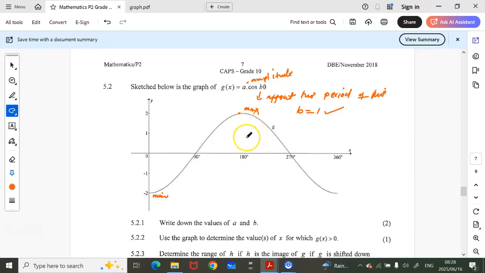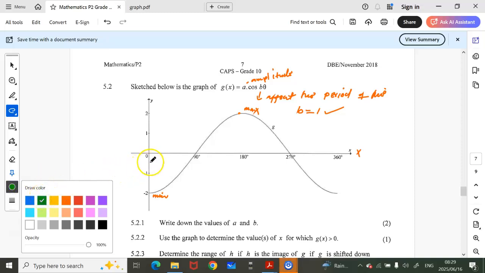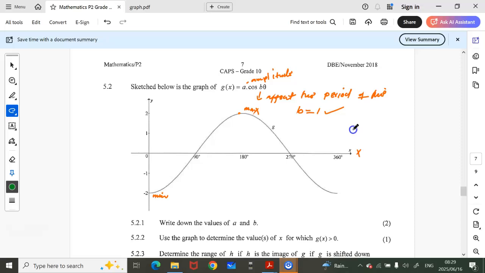Now, to find A, we consider that the graph is turning at 2, because that's our amplitude from the x-axis. The graph goes 2 units up to the turning point and then comes back. So A is 2. Another thing we need to talk about: if we consider the original graph, given as f of x equals cos x, your a in this case is 1, so the turning point will be 1.